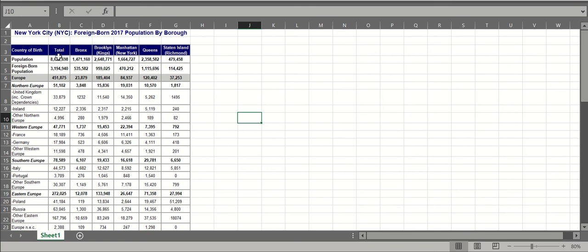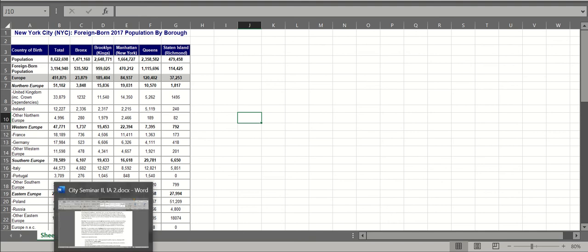New York City as a total, how many, the population, the foreign-born population, and then how many are from Europe, how many are from Asia, going downward and so forth, right? And then how many of them are in the Bronx, how many are in Brooklyn or Kings County, Manhattan or New York County, Queens or Staten Island, Richmond County, right? That's how they break it up.